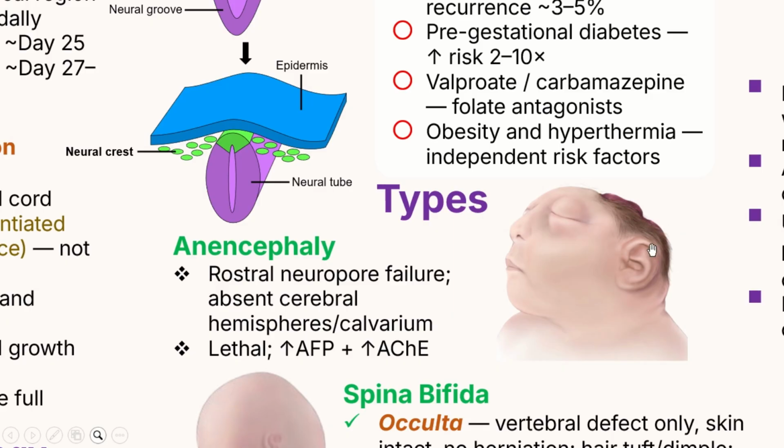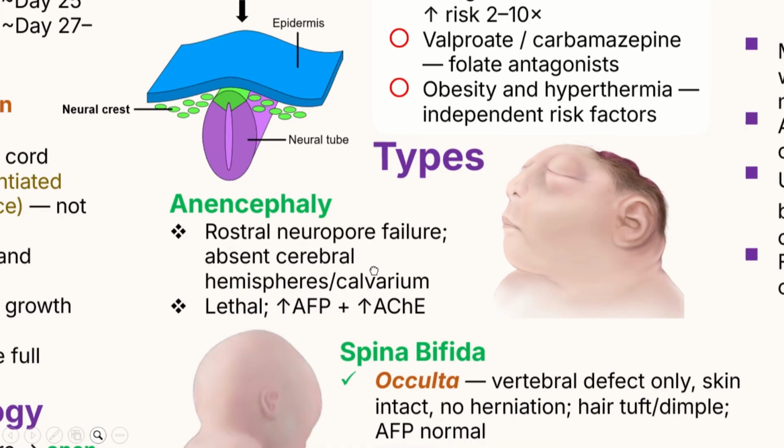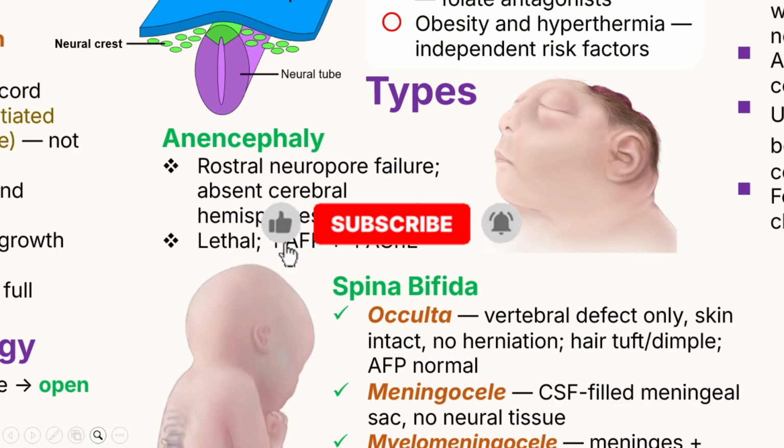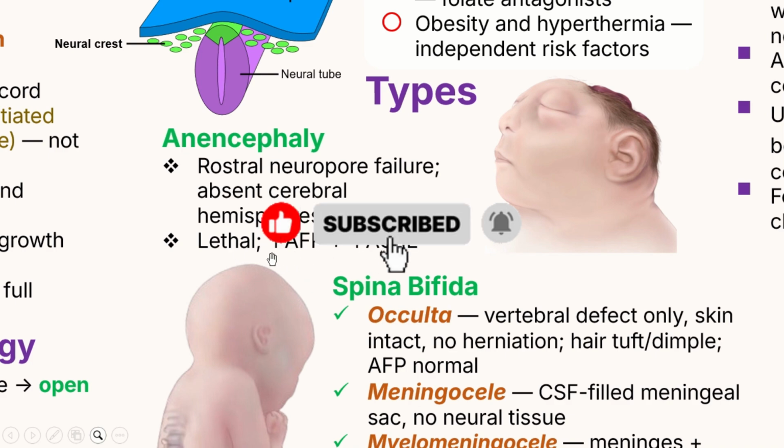And when it doesn't close, the brain is exposed to the cerebrospinal fluid. Cerebrospinal fluid is kind of corrosive, and it is going to lead to the cerebral hemispheres and the calvarium not forming, because the skull cannot form over an open space. So most of the time, it's going to be lethal and not compatible with life.